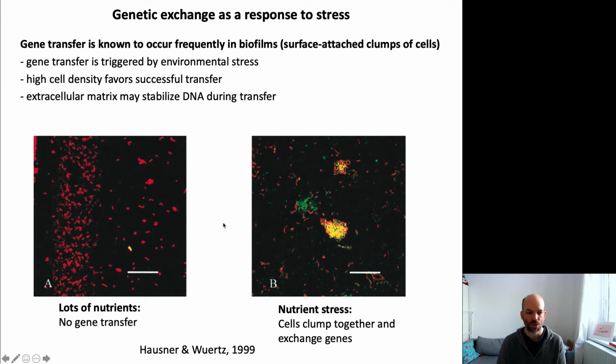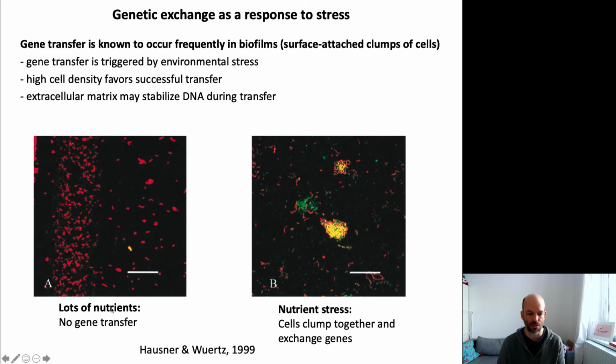Now, this is a microbial ecology course, so I want to explain why and how horizontal gene transfer occurs from an ecological perspective. And it happens when bacteria are stressed out. This is one of my favorite experiments in this context. Here is a microscope image of some cells that have lots of nutrients.